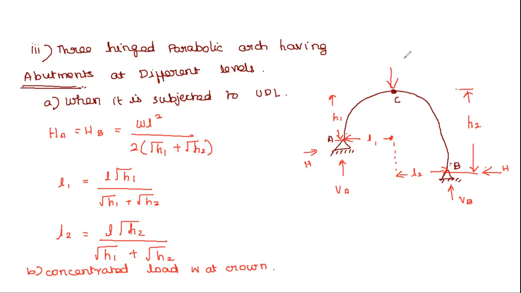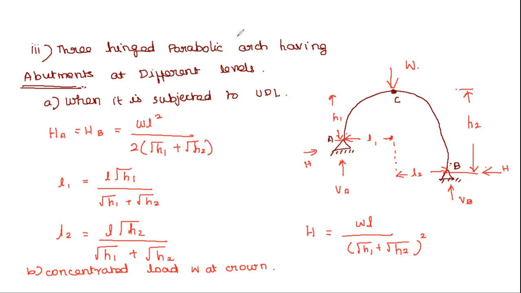So this is the loading condition. Now the horizontal thrust H is equal to WL divided by root of H1 plus root of H2, to the whole square. Now the formula for horizontal thrust, H is equal to WL divided by root of H1 plus root of H2 to the whole square.